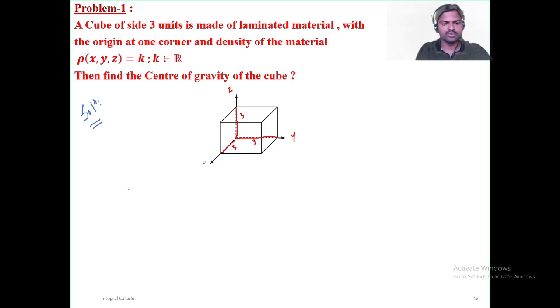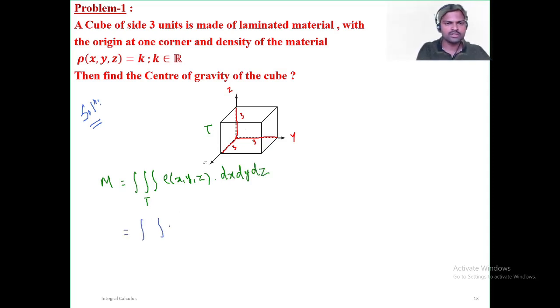So first let us compute the total mass. The total mass is obtained by the triple integration over the solid T of the density function into dx dy dz. So what is the density function here?